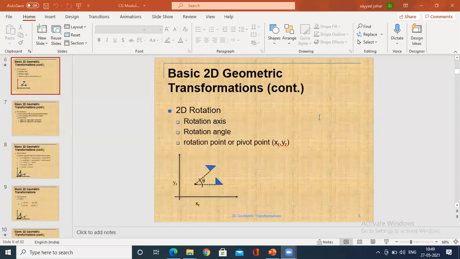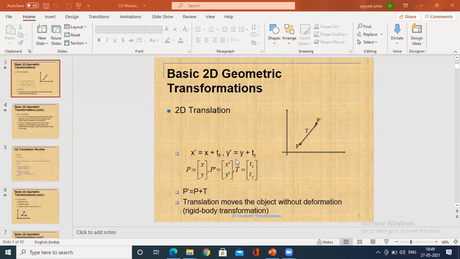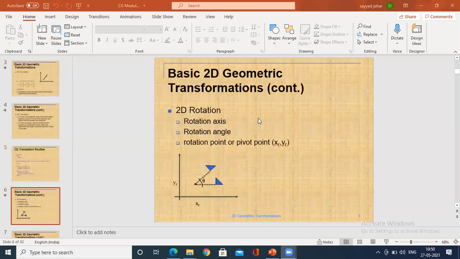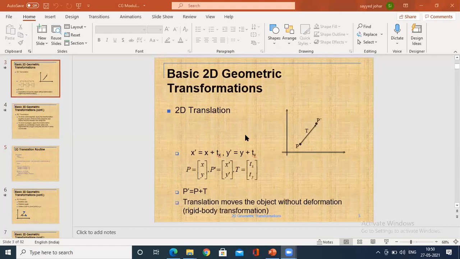And similarly, here we have factors. In the case of translation, we have an additional factor.